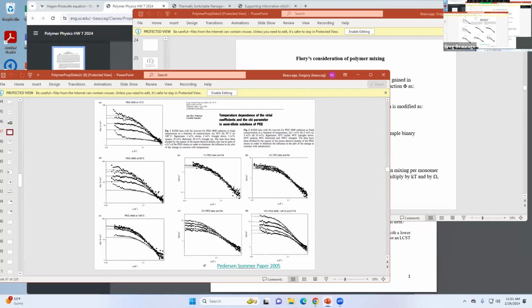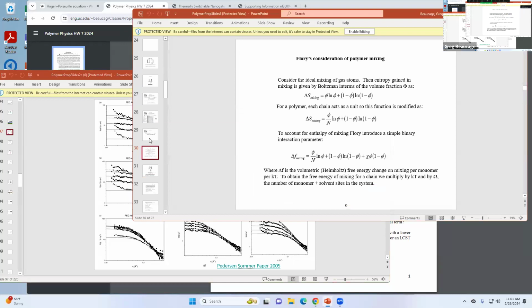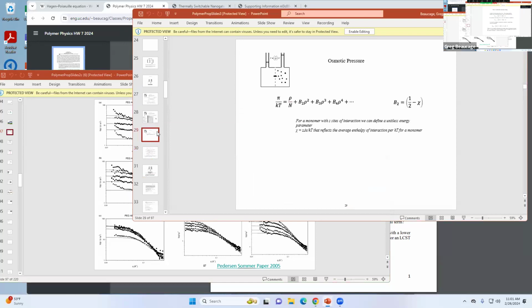So basically that's a measure of the change in the osmotic pressure with concentration, the derivative of it. This intercept of the I over here is going to be 1 over the derivative of the osmotic pressure with concentration. If you go back to the osmotic pressure, the first derivative of osmotic pressure is the second virial coefficient.